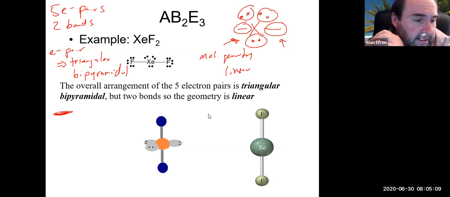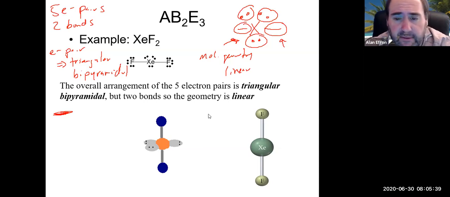The first is that when we draw the Lewis structure and we have a double bond or a triple bond, when we count around the central atom, the double bond or triple bond counts as only one electron pair and also one bond. So specifically for geometry, just count it as one electron pair and one bond.